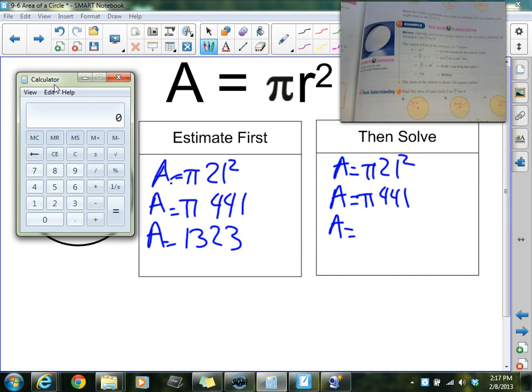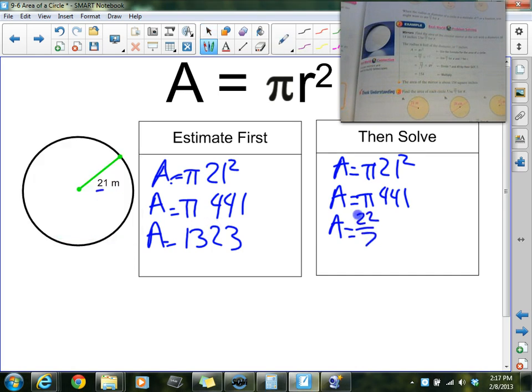And so area equals, so I'm going to use pi here. I'm going to write 22 over 7 times 441 over 1. Now I can use my cross multiplying skills to know that 7, I can cross multiply, that's going to be 63, because 63 times 7 is going to be 441, and then this will be a 1, so that crosses out.